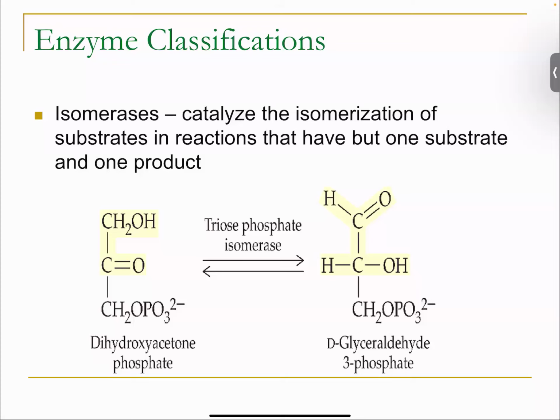Basically, in this particular case, I've transferred a hydroxide group and a double bond. Visually speaking. In reality, what happened is this hydrogen went up here, making a hydroxide group, and this hydrogen had to attach to the carbon, and ultimately you made a double bond. You will notice that these two molecules have the exact same chemical formula. They're just arranged differently, hence isomerization, and hence isomerase.